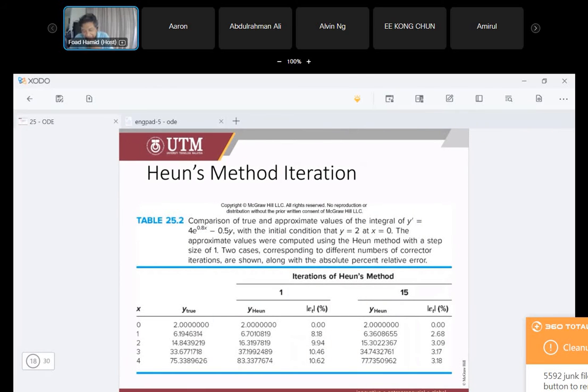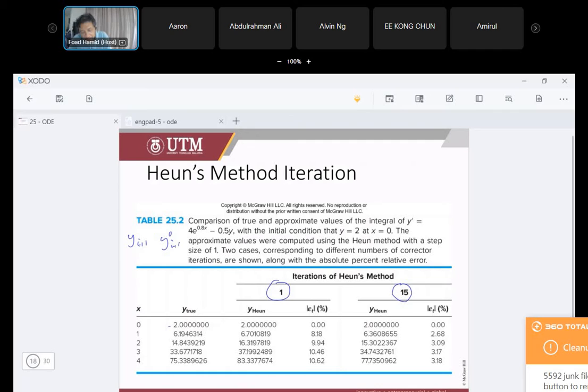So take a look at this. This is Heun's method iteration. So what I just showed you is only one iteration. And you can see that, of course, this is the initial condition. So y true is 2, y Heun is true. Okay, and y Heun 15 iteration. 15, you repeat it 15 times. So what you get is the first average is yi plus 1 and y naught i plus 1.